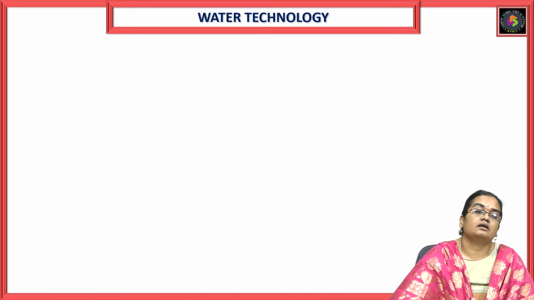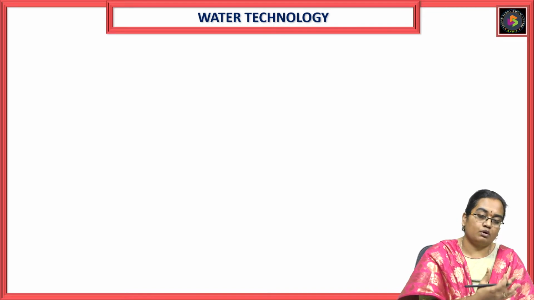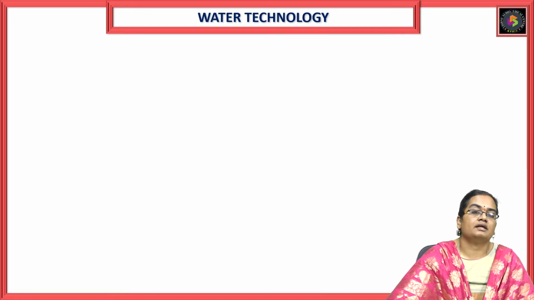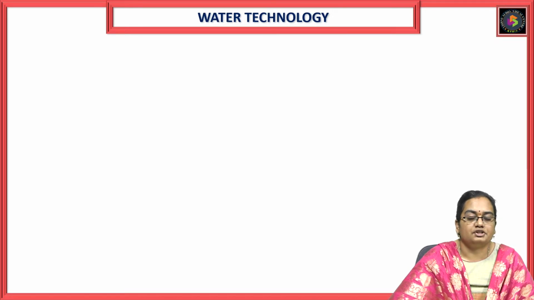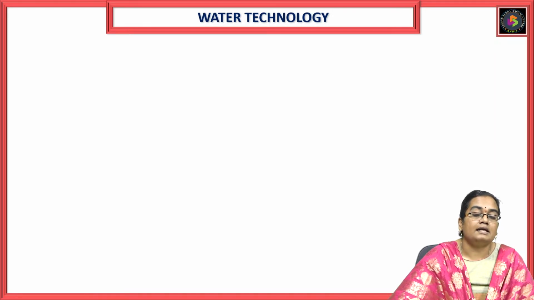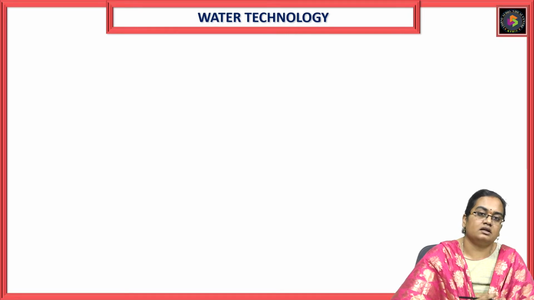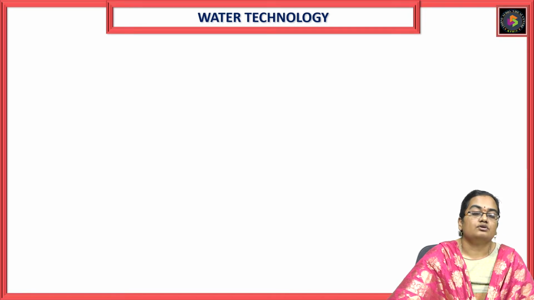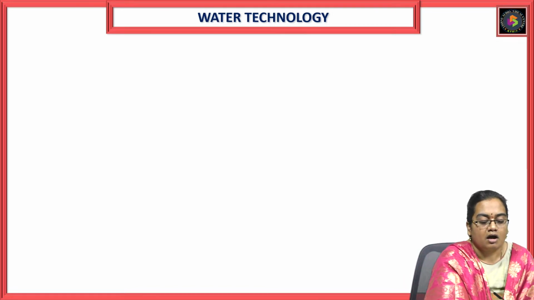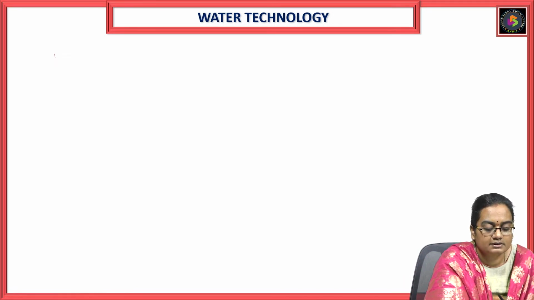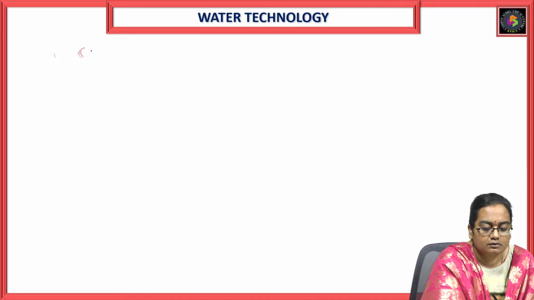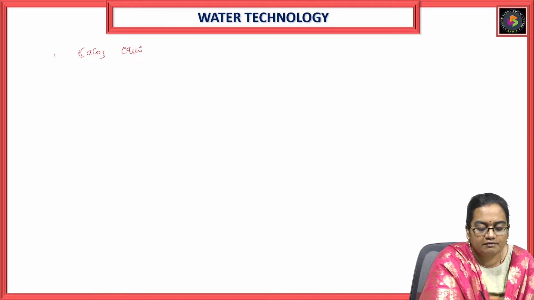To calculate the hardness of any sample, suppose any district water is taken and we need to determine the hardness of that particular sample, we need to go with the calculation part. At that moment, as the molecular weights of the remaining salts are different, it's very tough to do the problem. For that sake, all hardness causing salts are expressed as calcium carbonate equivalents.